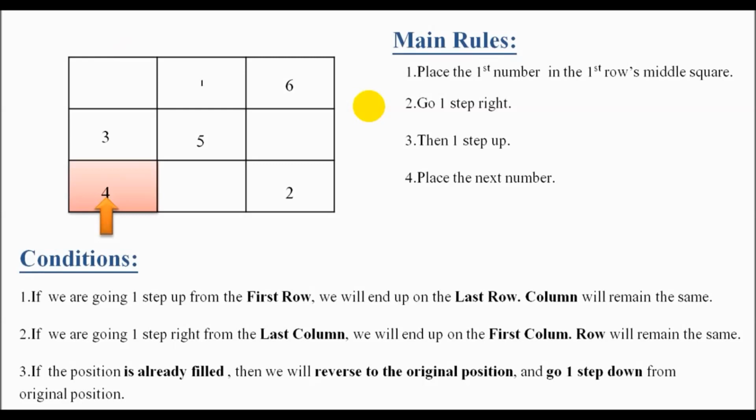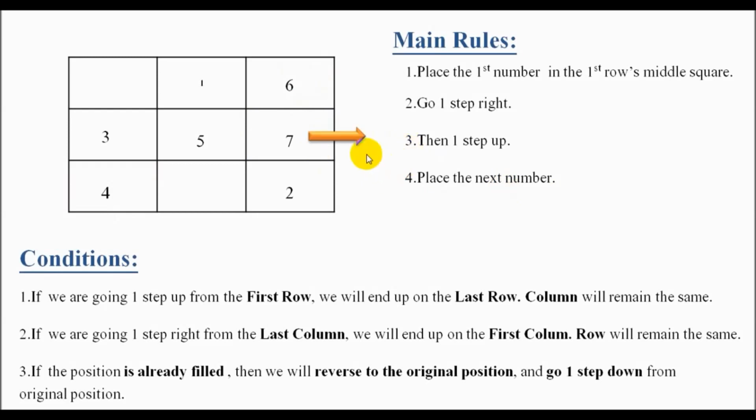So this place is taken already again, and so we'll revert to the original position and take one step down from there. So this was our original position, and we are taking one step down from there and putting our next number, that is 7.